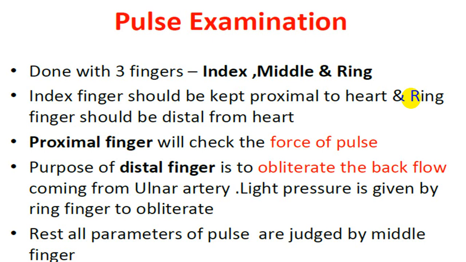The ring finger will be distal from the heart whenever you are feeling for the pulse. The proximal finger will check the force of the pulse. The distal finger will obliterate the backflow, and the middle finger will palpate the pulse. This is the best way of examining a pulse.